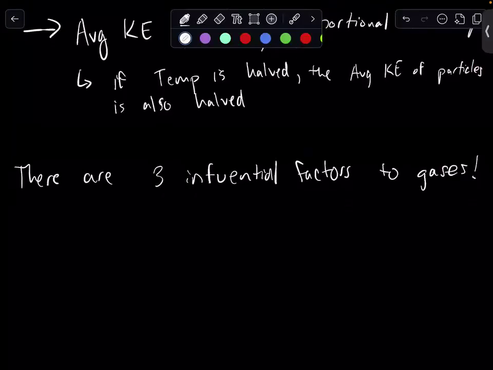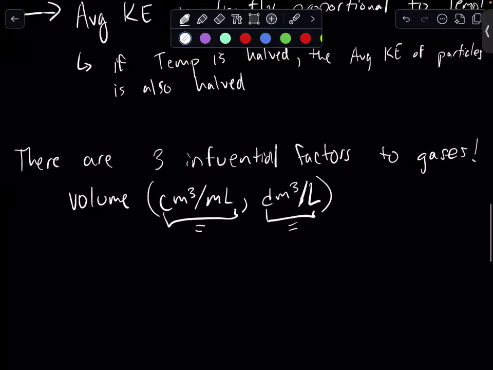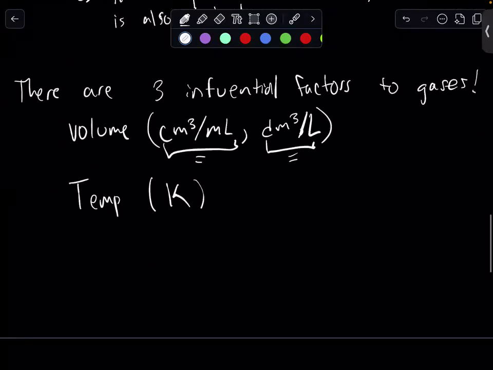The three factors are volume, measured in centimeters cubed or milliliters, or decimeters cubed or liters. I combine these because they are equivalent: decimeters cubed is a liter, centimeter cubed is a milliliter. The next one is temperature, which is measured in Kelvin. You're going to be measuring it in Kelvin, not Celsius. Please do not use Celsius. And then lastly, we have pressure.